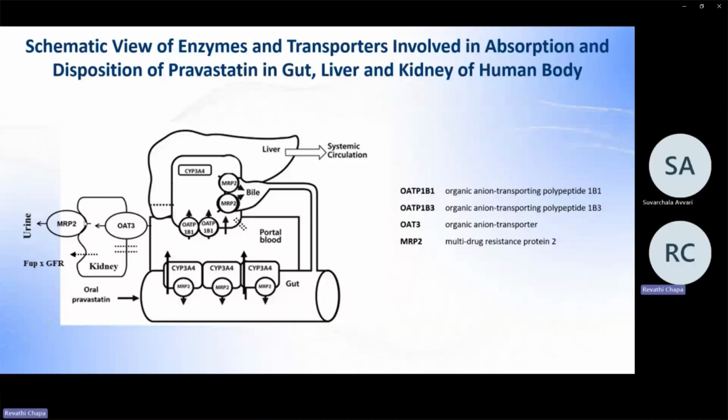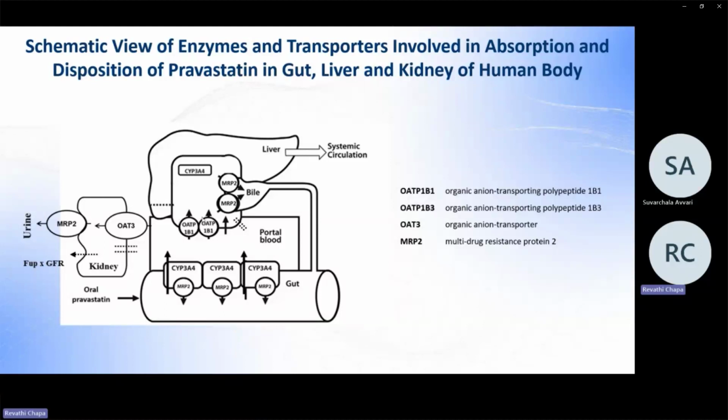There's also significant clearance through a renal route, which is primarily mediated by OAT3 and also MRP2 at the apical side, which gets the drug into the urine. So these are the enzymes and transporters involved in the absorption and disposition of pravastatin.